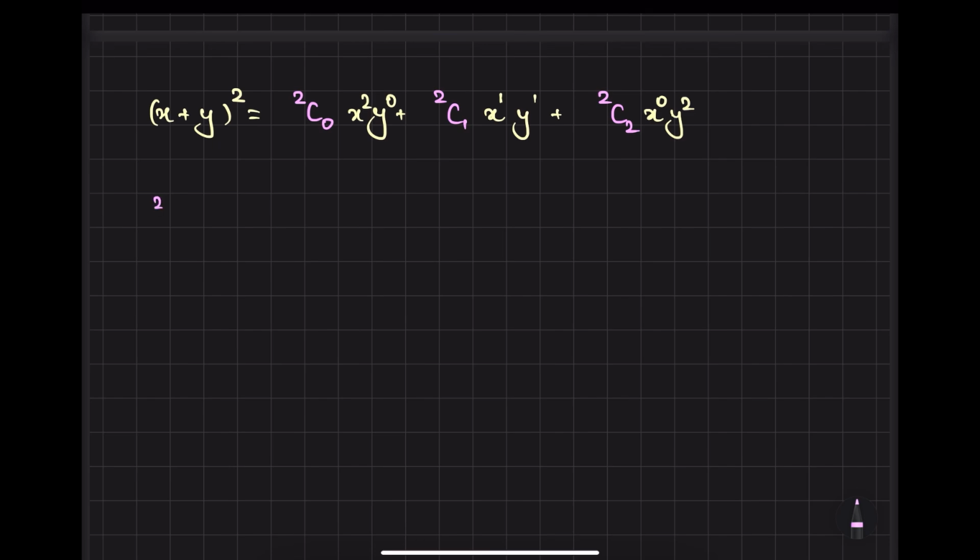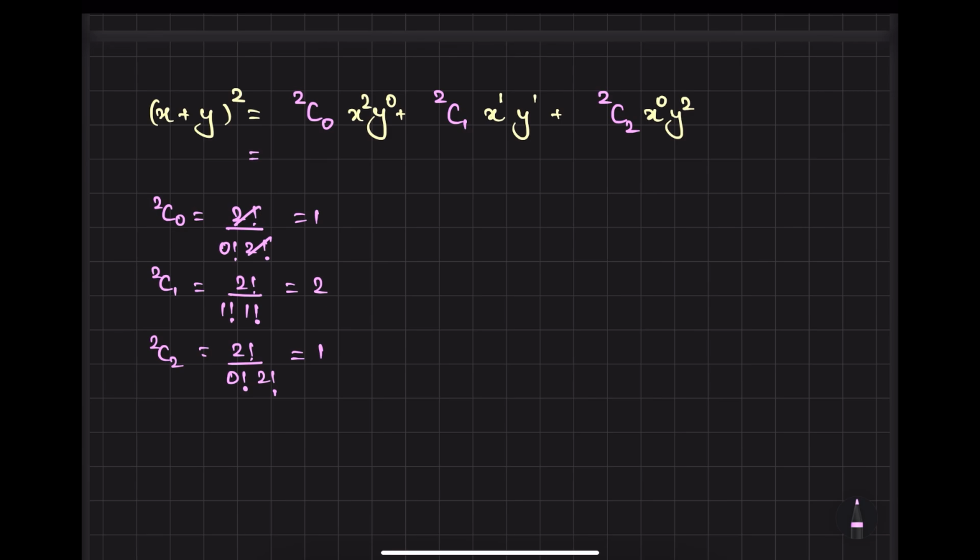Now let's simplify this. 2C0 is 2 factorial divided by 0 factorial into (2 minus 0) factorial, so it is 1, since 0 factorial is 1. Now 2C1 is 2 factorial divided by 1 factorial and 1 factorial, so it is 2. 2C2 is 2 factorial divided by 0 factorial and 2 factorial, so it is 1.